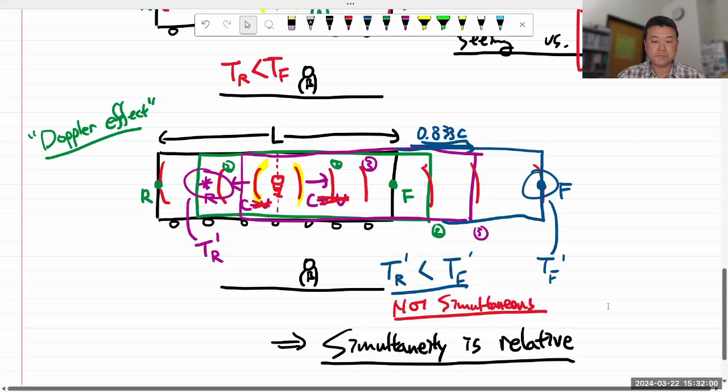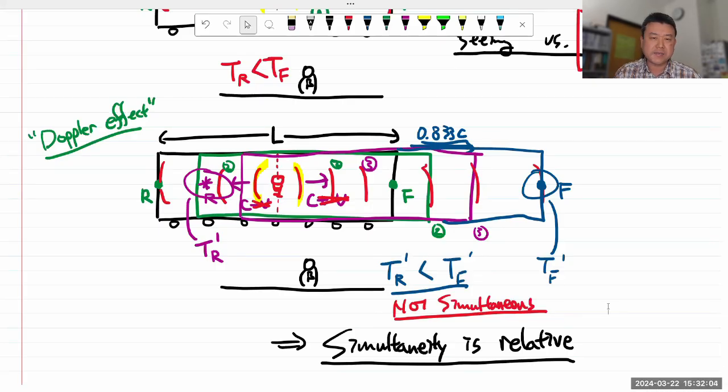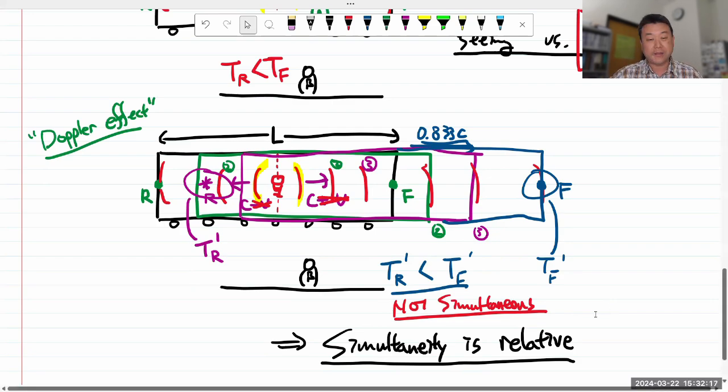And I believe, especially in lower division textbooks, this fact is not given enough emphasis. That leads to a lot of confusion in special relativity paradoxes, some of which we'll see next week.